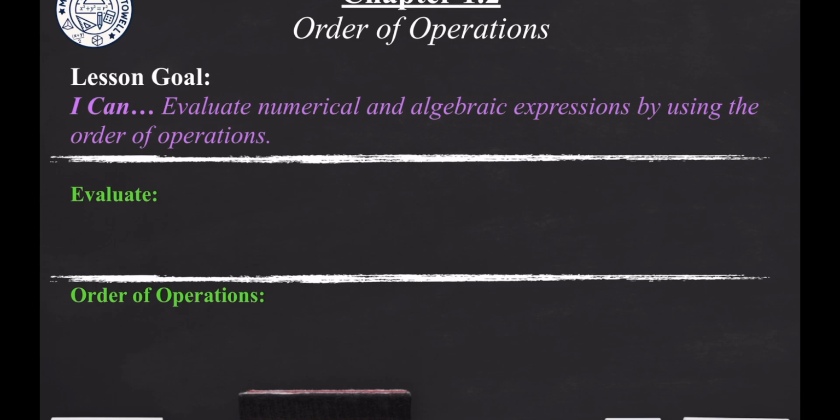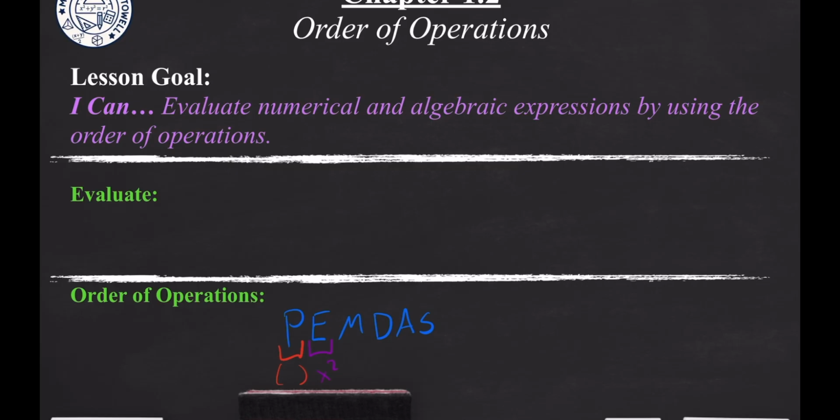Order of operations, you have all heard of order of operations. It's the order in which we evaluate an expression. The famous phrase is PEMDAS. We have P, E, M, D, A, S. P stands for parentheses. The E stands for the exponents, so something raised to a power.